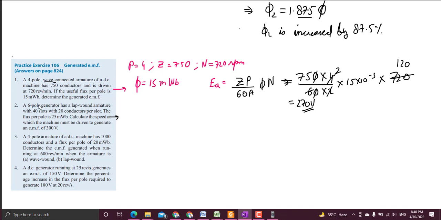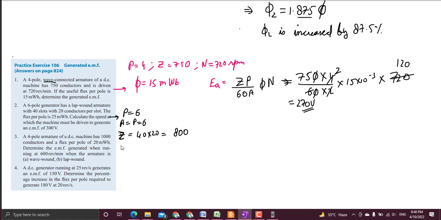Let's see this one. Question number 2. 6 pole, P is equal to 6, lap wound means A is equal to P is equal to 6, with 40 slots with 20 conductors per slot. So Z, number of conductors, is equal to 40 into 20, which is 800 conductors.